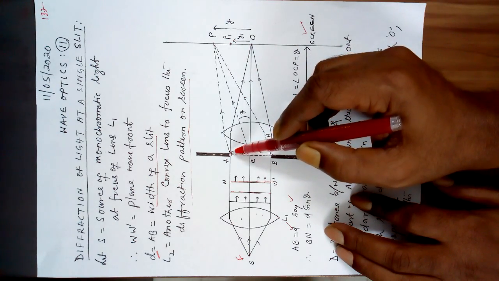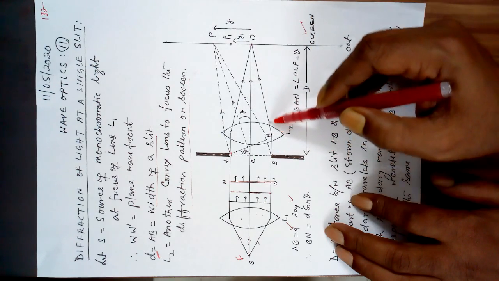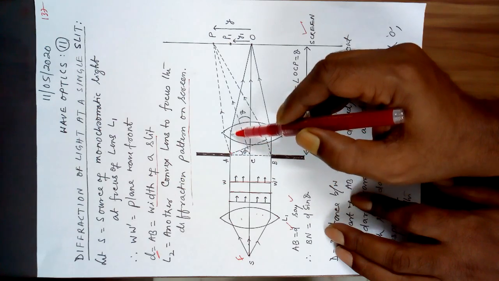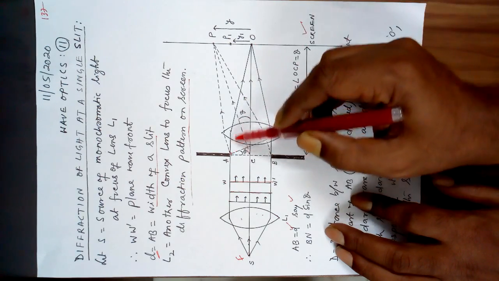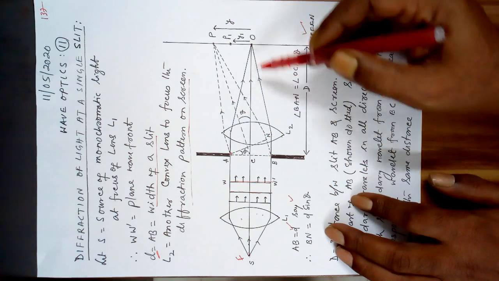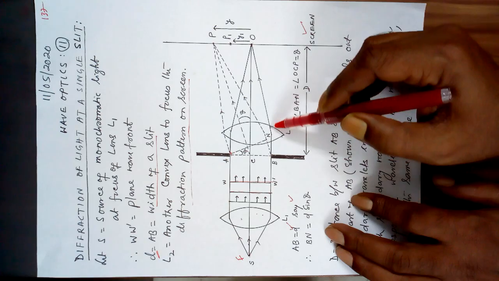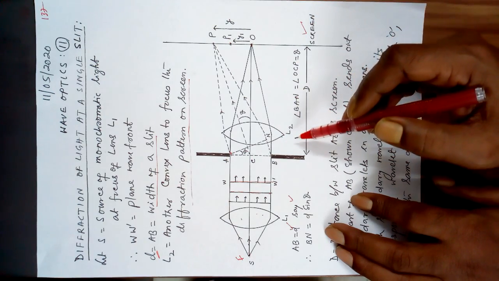This wavefront arriving here and this wavefront arriving here travel the same path. The distance from A to O along this path is the same as the distance from B to O along this path. So the distance is the same, meaning the path difference is 0.